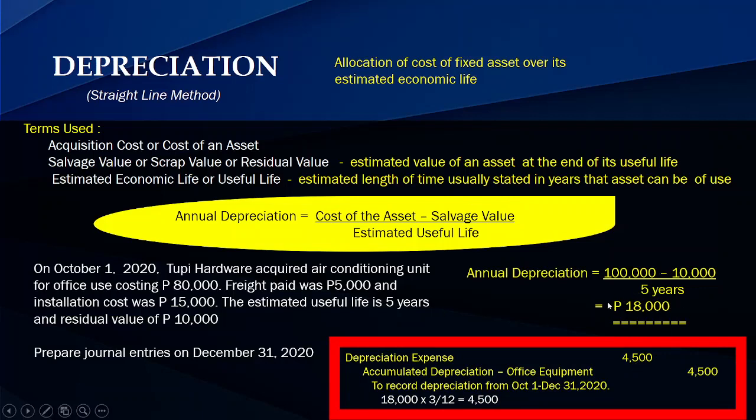Since 18,000 represents 1 year, we divide that by 12 months multiplied by 3 months, from October, November, December, or you can have this presentation: 18,000 times 3 over 12, we get 4,500. So this is our entry. And of course, the explanation.